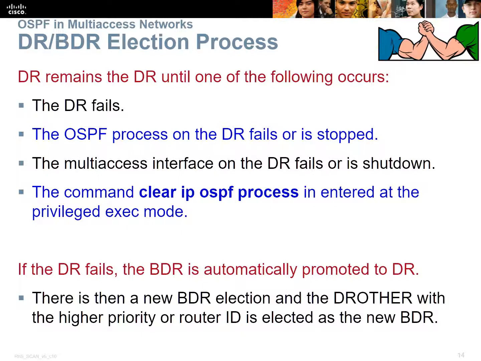When the DR fails, the backup designated router takes control, and it will stay that way until the DR comes back, because every time hellos come out, they say, hey, my priority is bigger, and they'll take over. Now, you can reset the OSPF process with clear ip ospf process. Works great in a lab environment because everything recovers in a second.